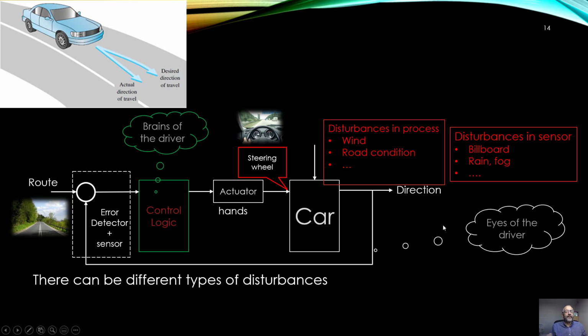So such a process like this, and that's an important observation, is never ideal. There always will be disturbances from the outside, either directly on the process or in the sensor. A real sensor is never 100% perfect. It always has some kind of deviations.